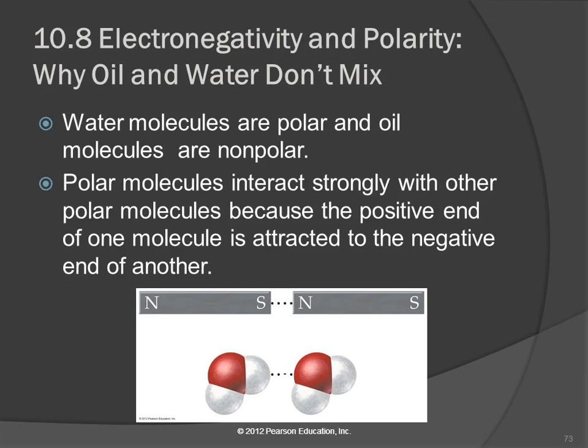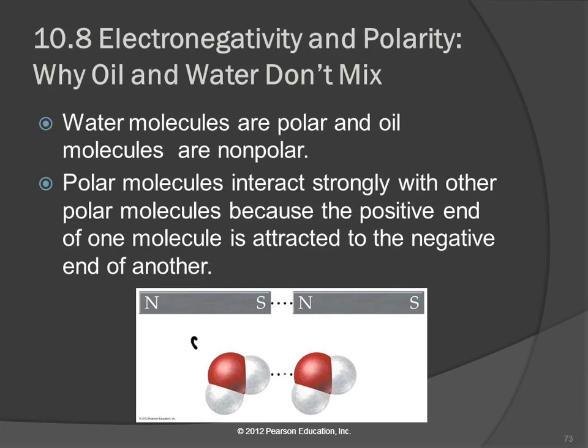So back to why don't oil and water mix? Well, it's because water molecules are polar and oil molecules are not. They are non-polar. Polar molecules interact very strongly with each other because for this water molecule, one end of it is somewhat positive and the other end is somewhat negative.